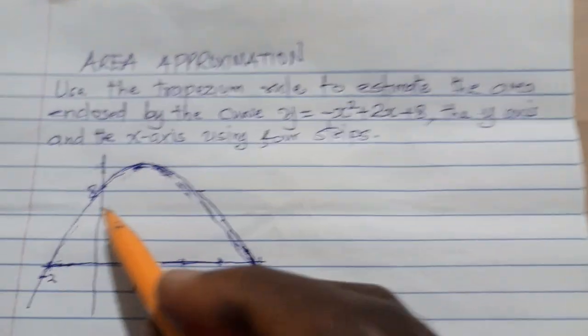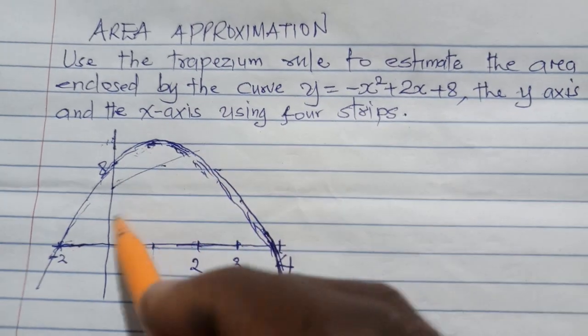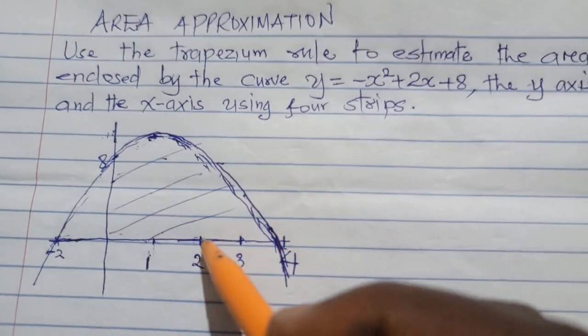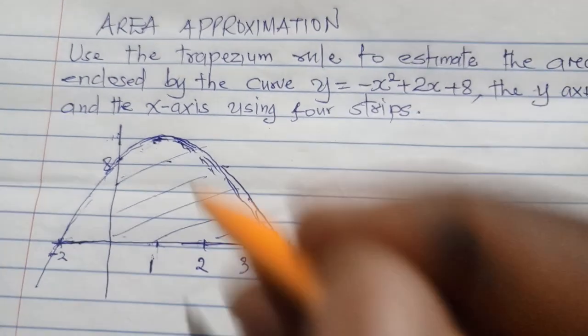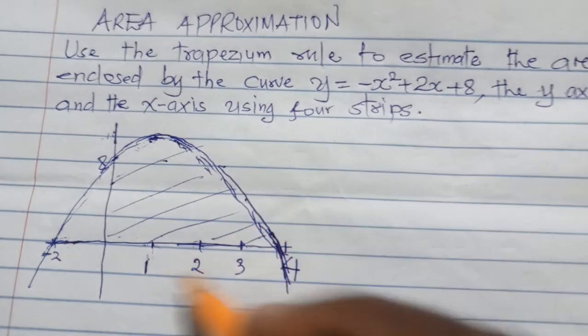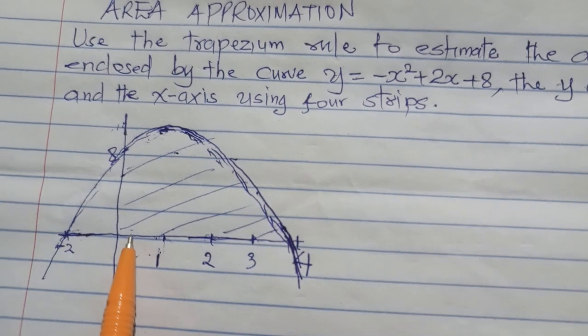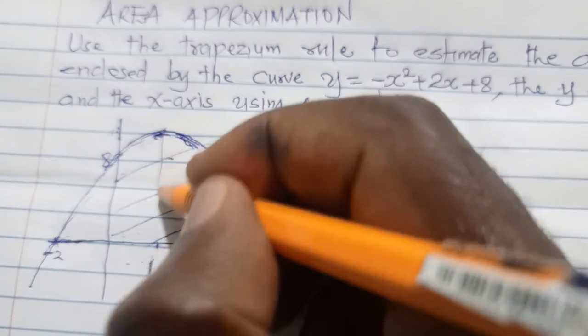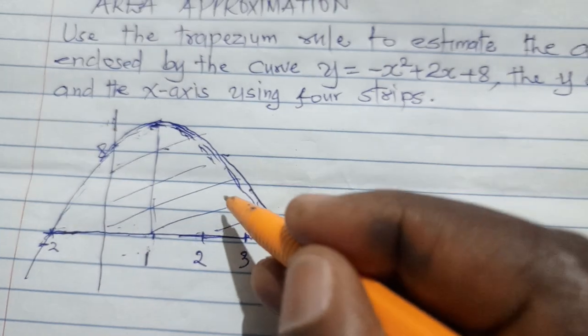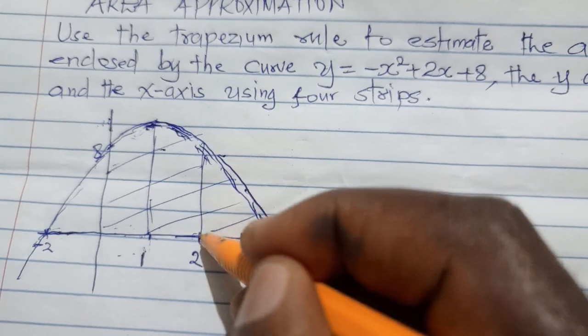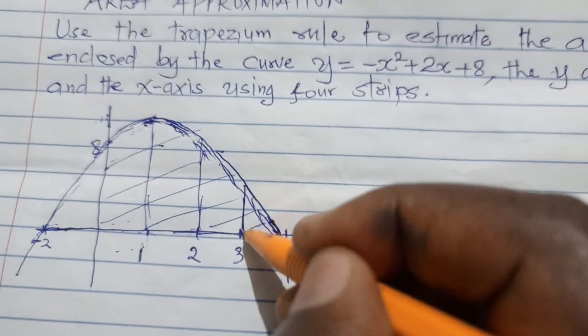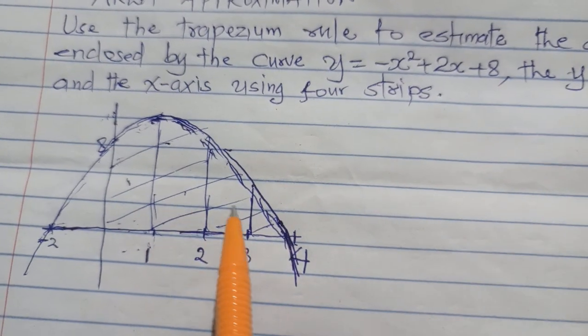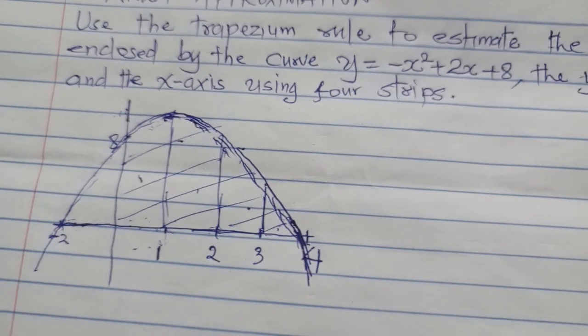According to that question, the area we're being asked for is what is shaded here. Now we have to use 4 strips. So from here, the first strip will be at that place, and the next strip will be here, and you can see we have 1, 2, 3, 4 strips.